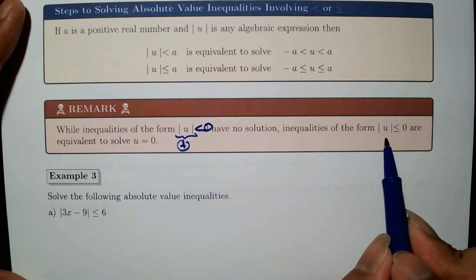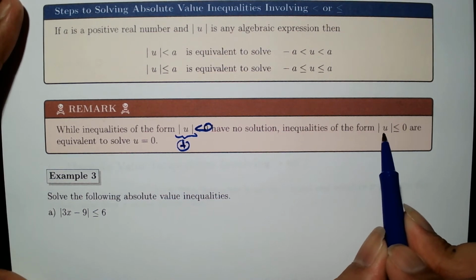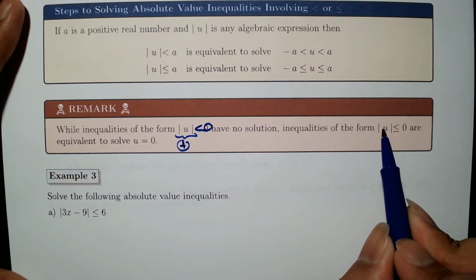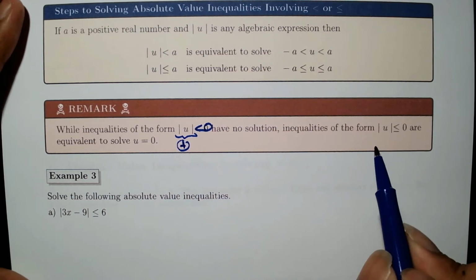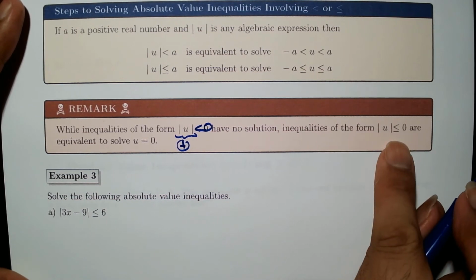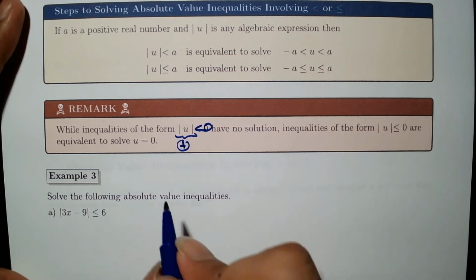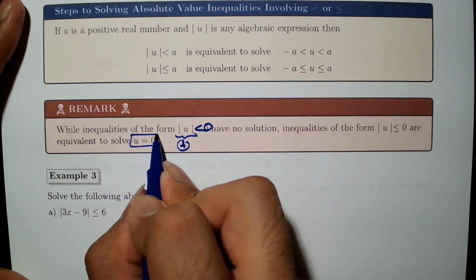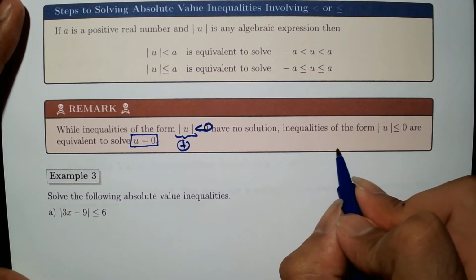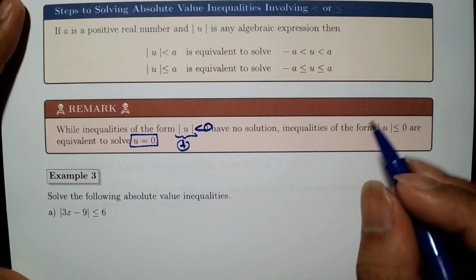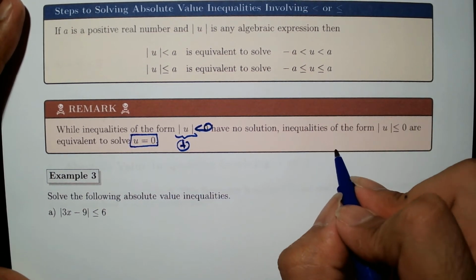However, inequalities of the form absolute value of u less than or equal to 0 are equivalent to solving only the equation, because if we break this up into cases, we are going to have the following.